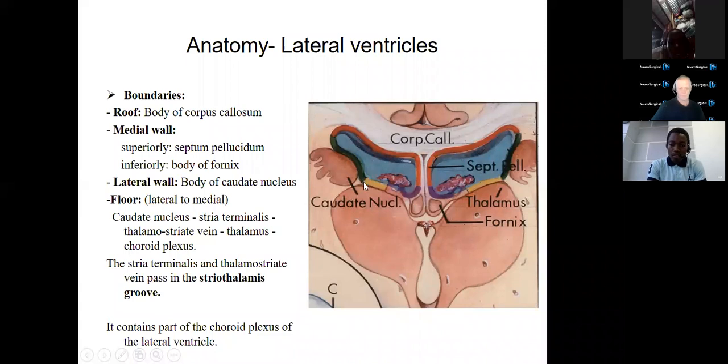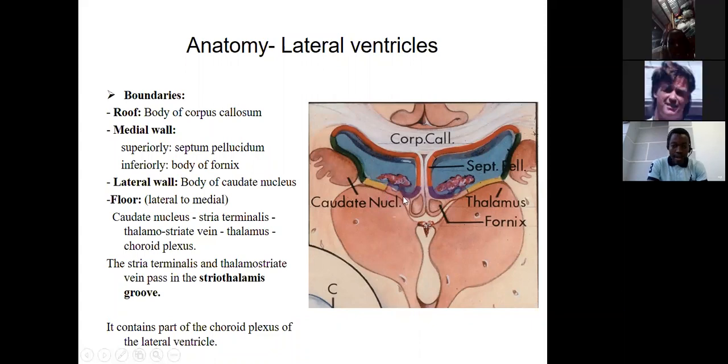The floor is delineated laterally to medially by the caudate nucleus, the stria terminalis, which is supposed to be here, and we'll see it in a better image, the thalamostriate vein, the thalamus here, and then the choroid plexus here.